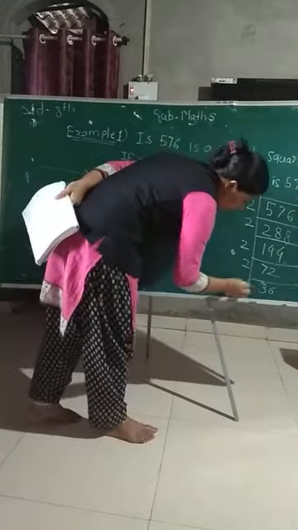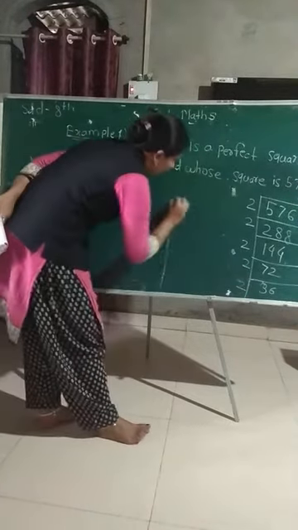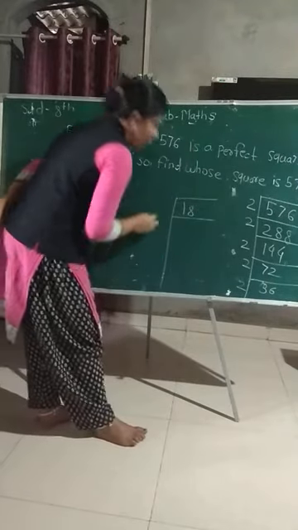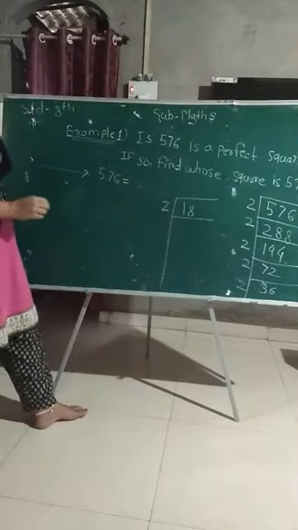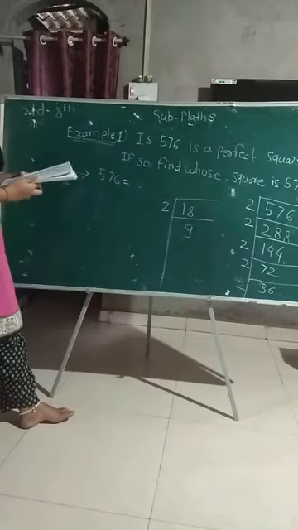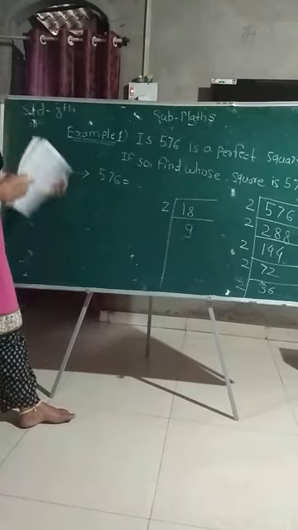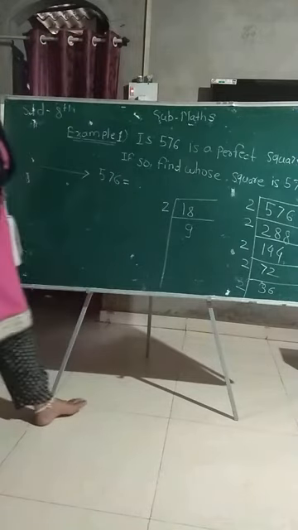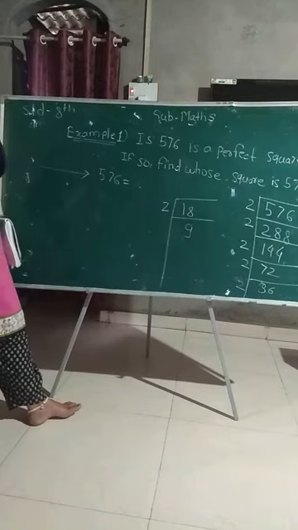If we again divide 36 by 2, we get 18. Again we divide 18 by 2, then we get 9. But here we cannot divide by 2, so we divide by the next prime number, which is 3.